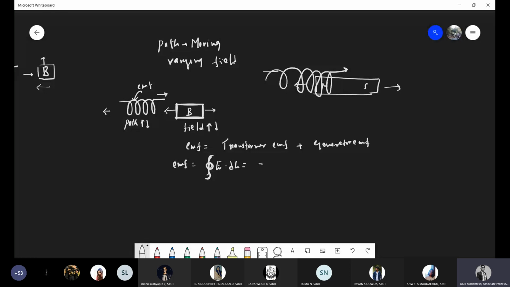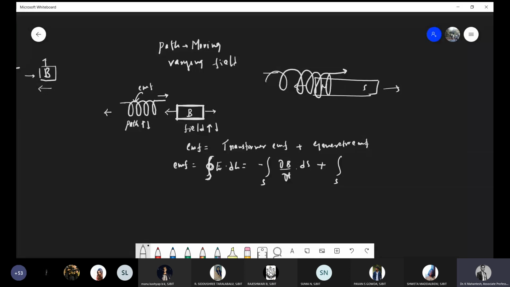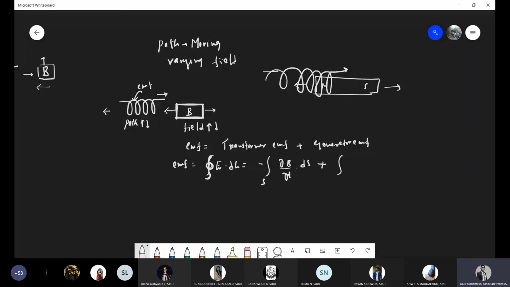Minus the surface integral of dB by dt dot dS, plus what is the generator EMF we just derived: no, this is not a surface integral, sorry, this is a closed line integral of V cross B dot dl.